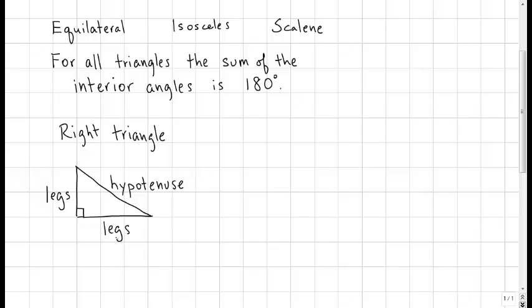Probably the most important one is called the Pythagorean theorem, named after the Greek mathematician Pythagoras. So the Pythagorean theorem states that the square of the hypotenuse is equal to the sum of the squares of the two legs.